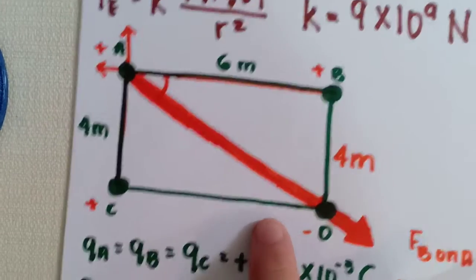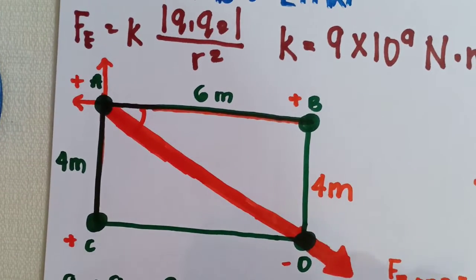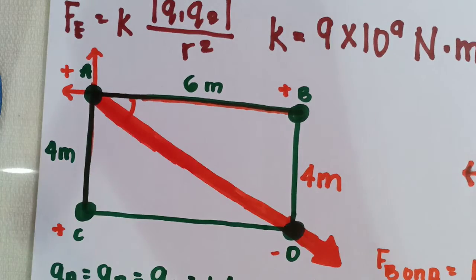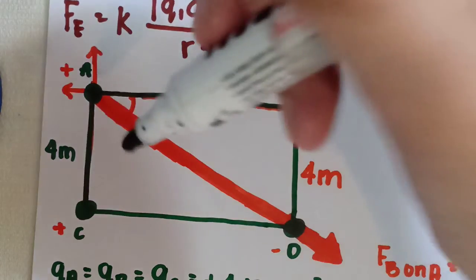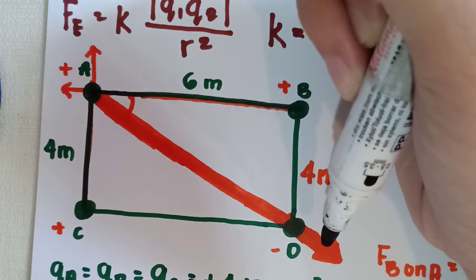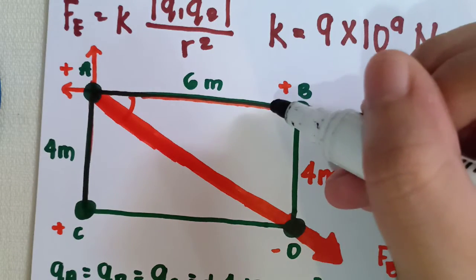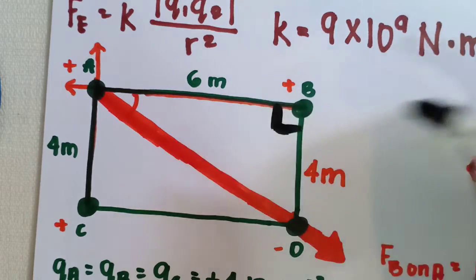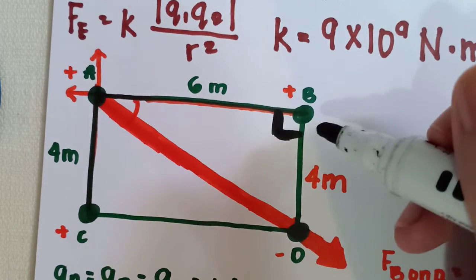But in this diagram, we don't know the distance of D to A. So how do we look for that? So we can look for this using the Pythagorean theorem. Why? Since this is 45 degrees, 90 degrees, this is a right triangle.